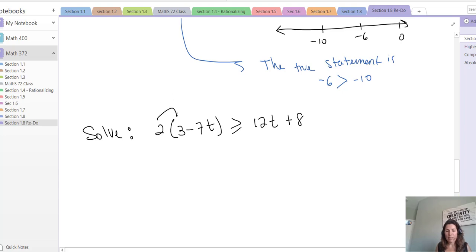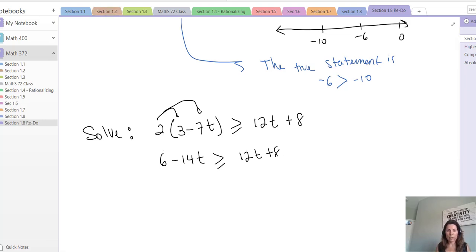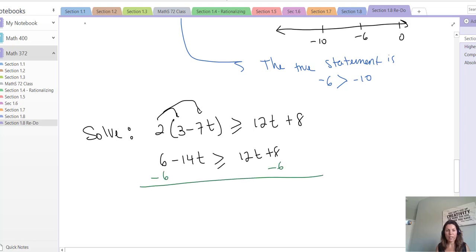So let's start off by distributing the 2, getting rid of the parentheses. I'm going to have 6 minus 14t is greater than or equal to 12t plus 8. Now we're going to get the variables on one side and everything else on the other. So I'm going to subtract the 6 from both sides. If you're comfortable, do it all in one step, that's fine.